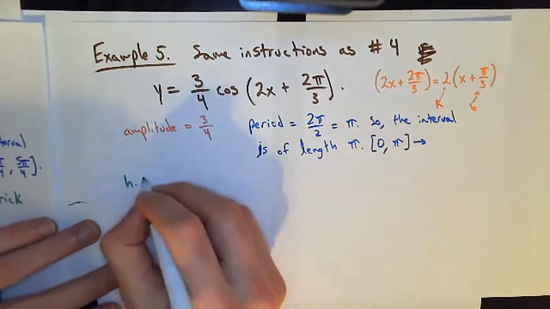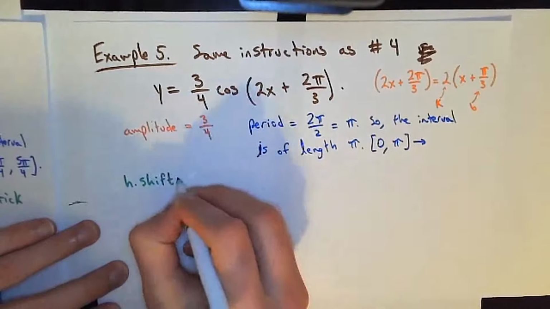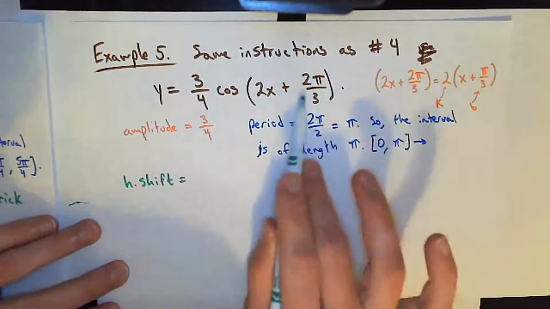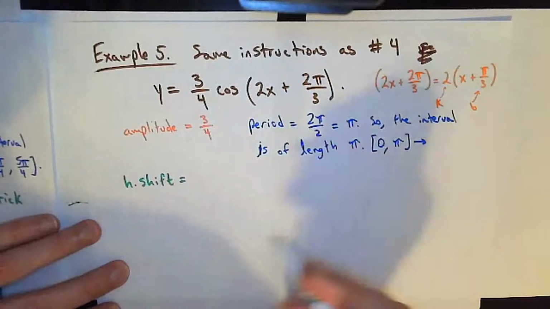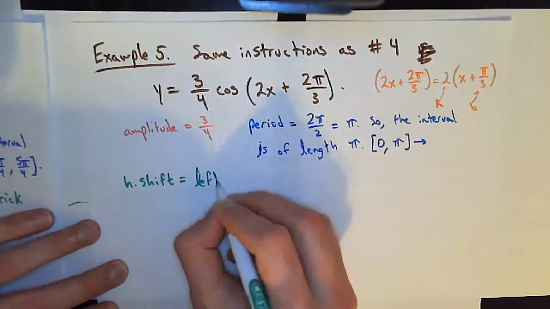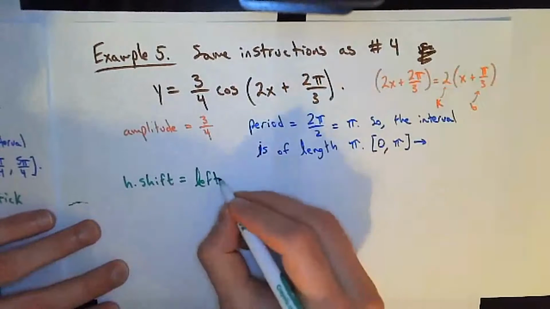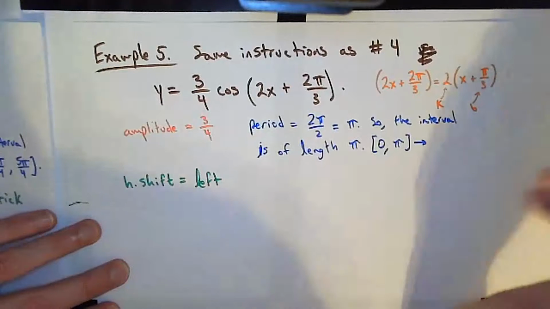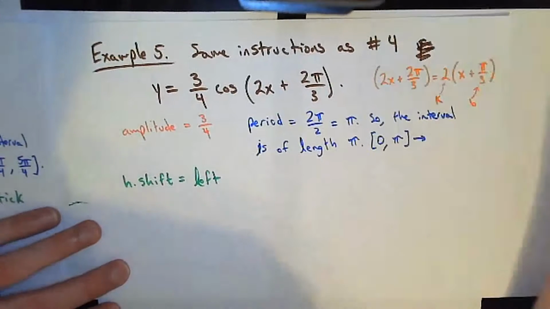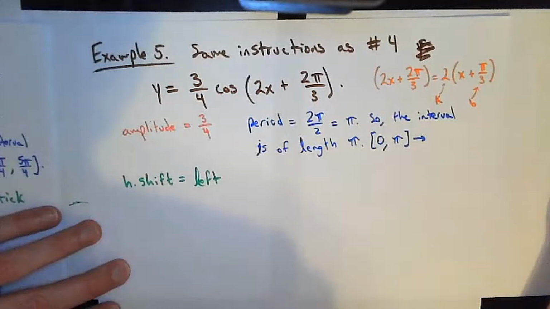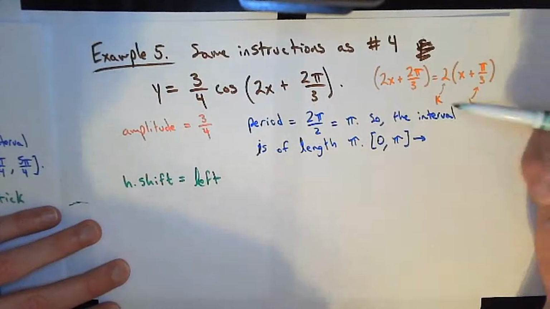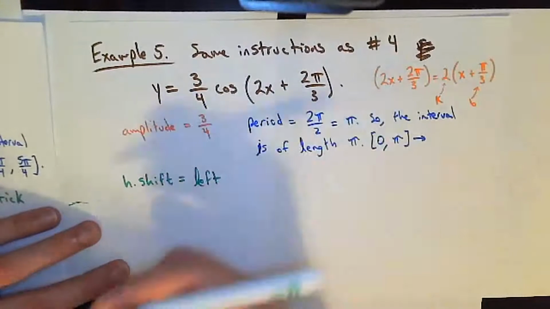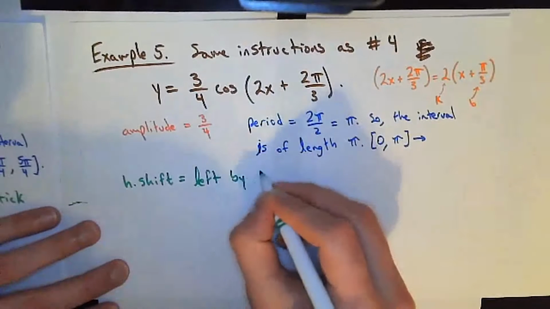Well, the horizontal shift is left this time, and I'm not looking here. It's not 2 pi on 3, right? It's over here. It's left. Why is it left? Well, because we're adding inside. When you add inside the function, it's kind of counterintuitive a little bit. I mean, it's really not if you really think about it, but it's opposite to how vertical shifting works, right? When you're adding, you're moving left. So left by pi on 3.